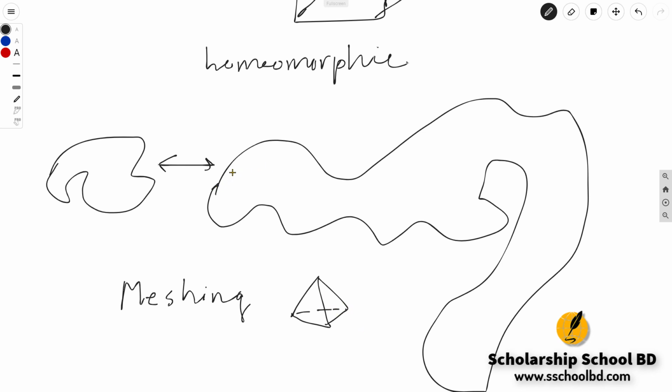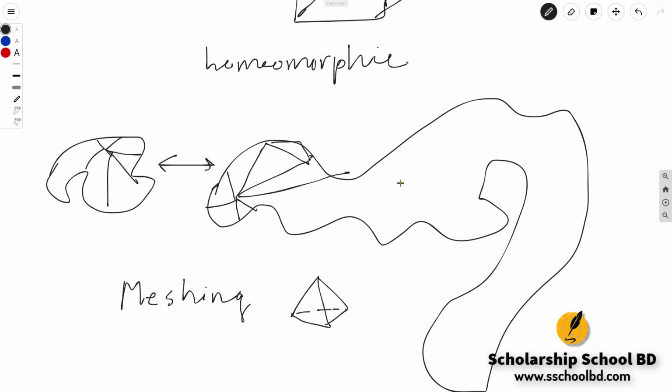You can basically represent, divide, or discretize this 3D space into various tetrahedra. All right, so you can convert this 3D space into various tetrahedra, and you can also do that for this.